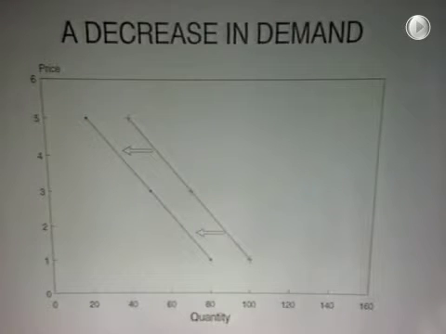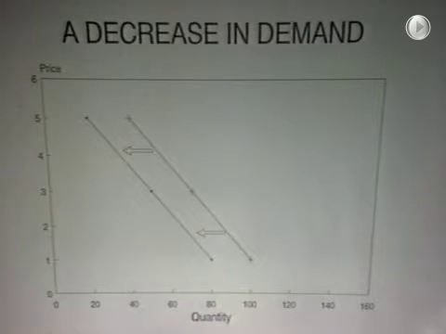For every given own price, more of the good is demanded. Given the same situation where we had a fall in the price of our substitute good, we'd have a decrease in demand, a shift in our demand curve to the left. So that's the case where we have substitutes.